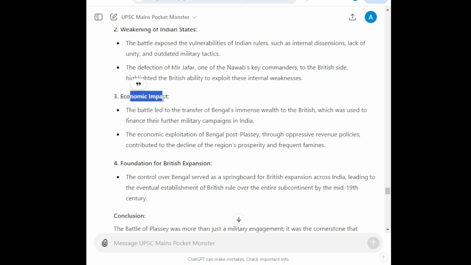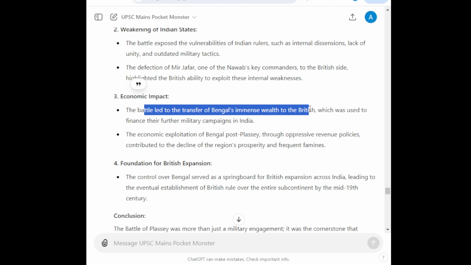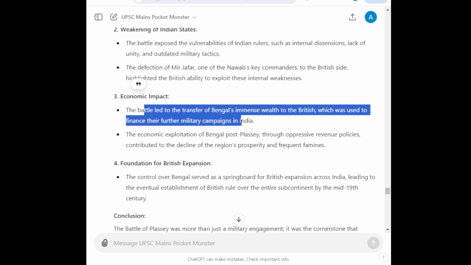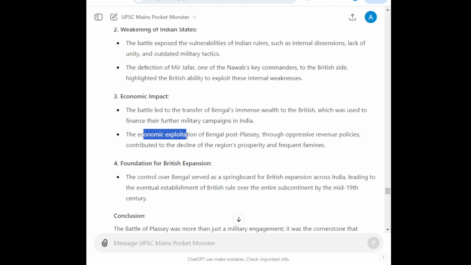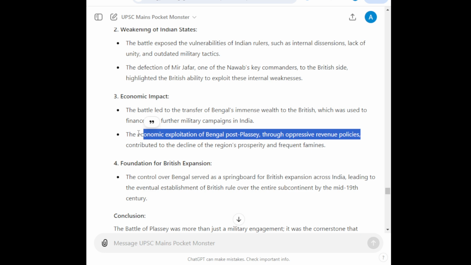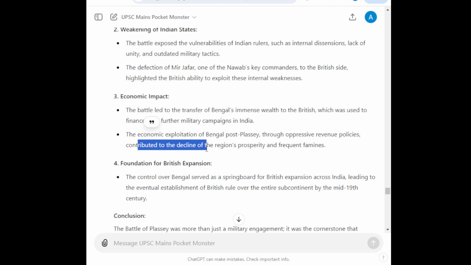And the economic impact, the battle led to the transfer of Bengal's immense wealth to the British, which was used to finance their further military campaign in India. Alright, economic impact. The economic exploitation of Bengal post Plassey through oppressive revenue policies contributed to the decline of the region's prosperity and frequent famines.